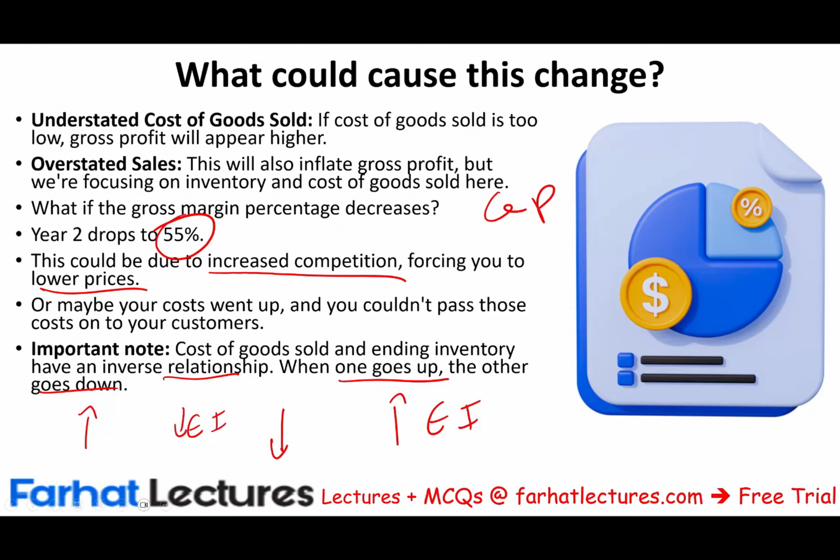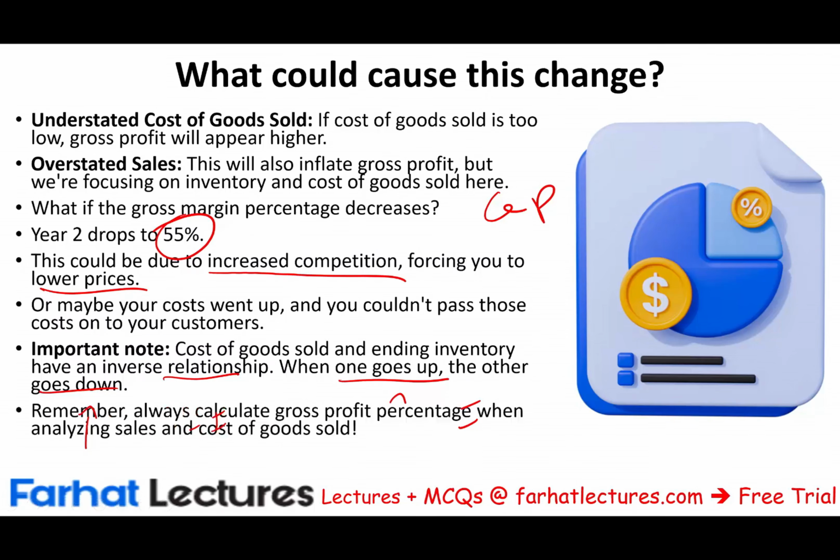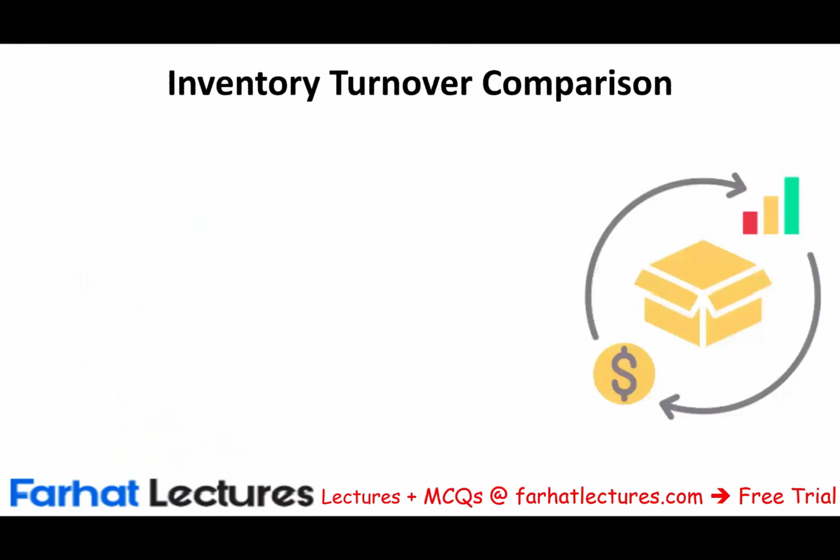There's an inverse relationship between cost of goods sold and ending inventory. So you have to know this relationship very, very well. Always remember to calculate gross profit percentage when analyzing sales and cost of goods sold. So someone auditing the sales cycle would also compute this important ratio.